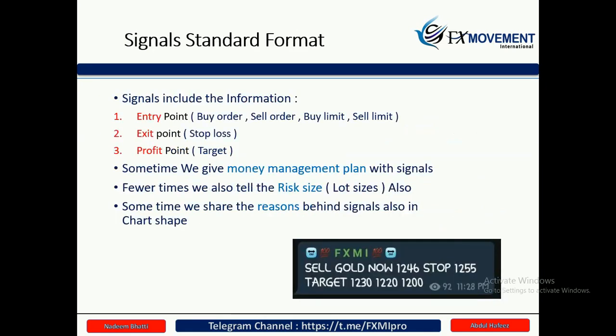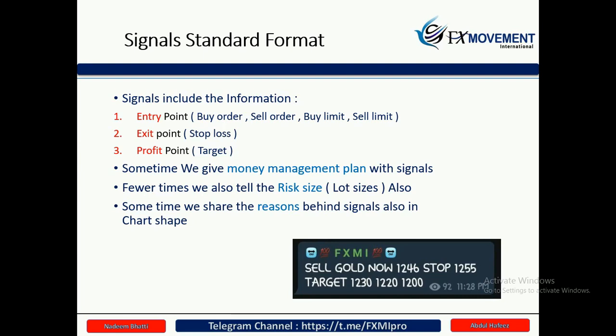Now the next question is the signals' standard format. What is the format of the signals? That's very simple. First of all, signals include the entry point. That can be a market instant order or a pending order. It can be a buy order or a sell order, buy limit or sell limit, depending upon the scenario, setup, or the strategy we are implementing.